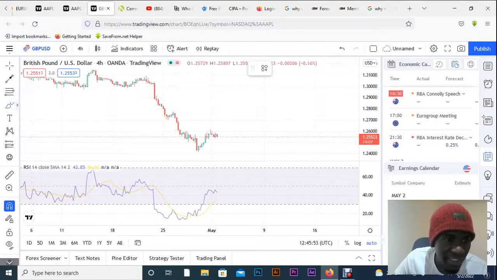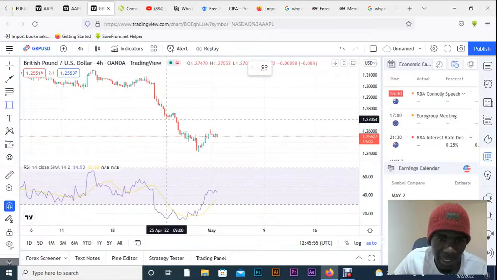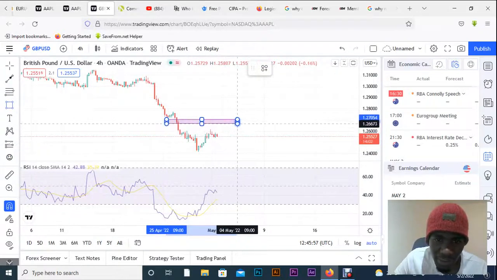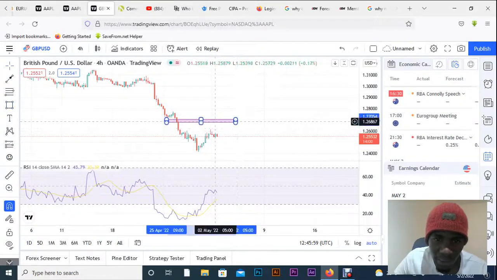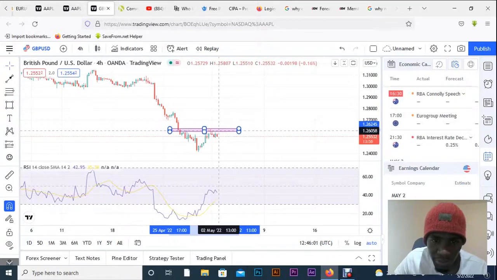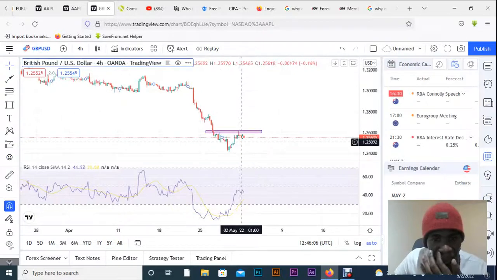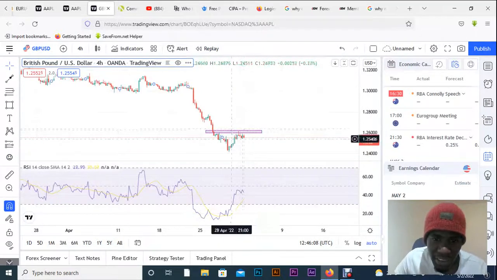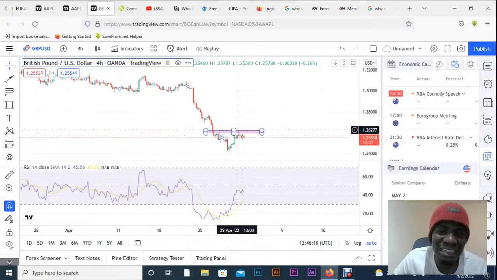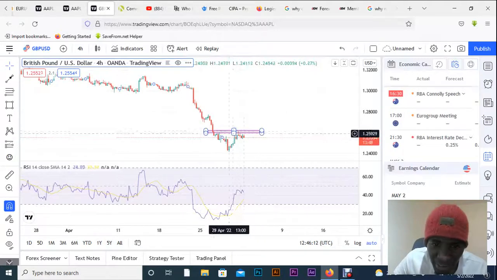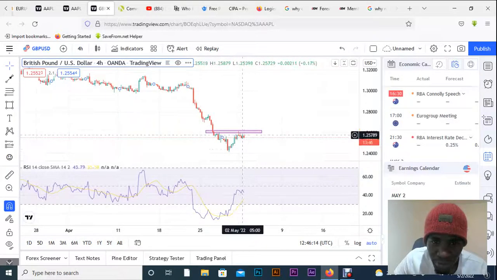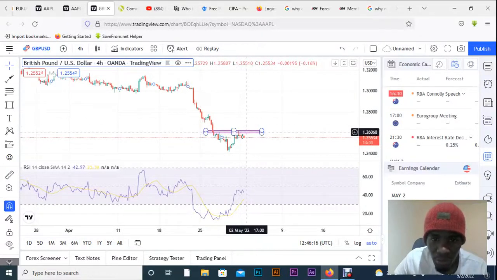Remember that our strategy is top-down analysis, so we analyze all the time frames before we make a decision. The market has been rejected here, so we can't really take trades while it is still being rejected. It can still push down or break this level and go up.